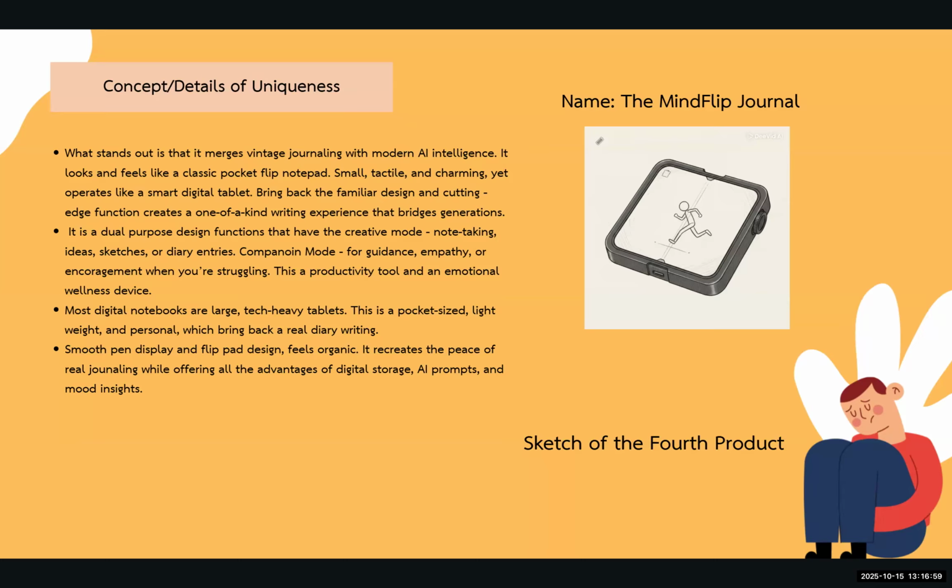It doesn't have so much data or have to be colored, or be heavy, with implanted AI into it. It's just two types of options you can do: note taking and a companion mode for guidance or encouragement when you're struggling. So it's more like a companion little notepad.